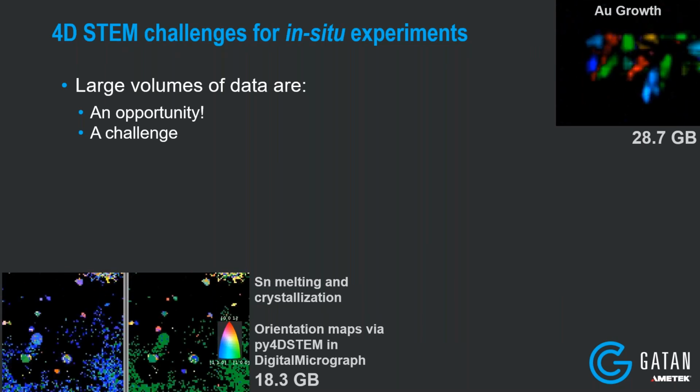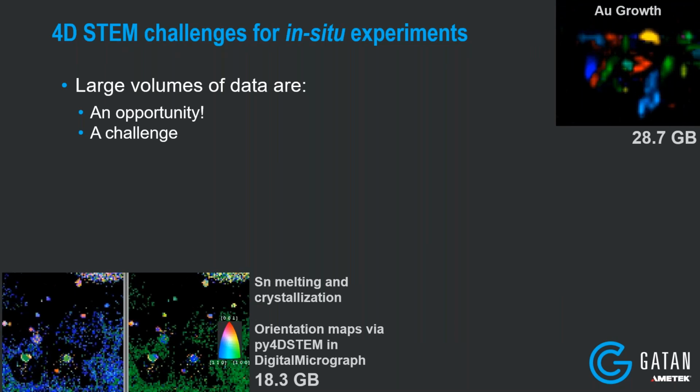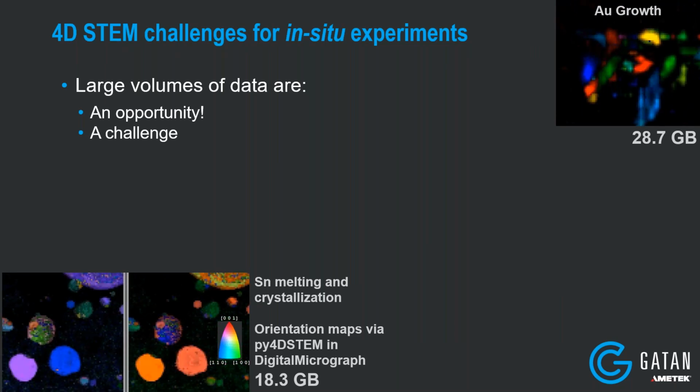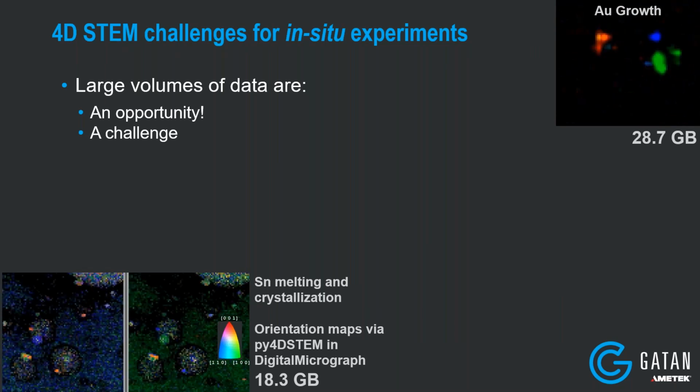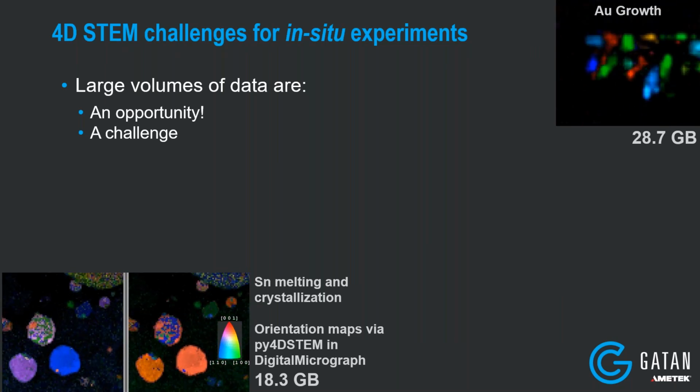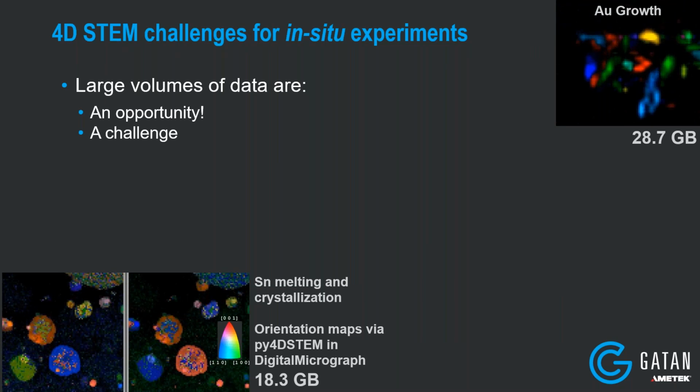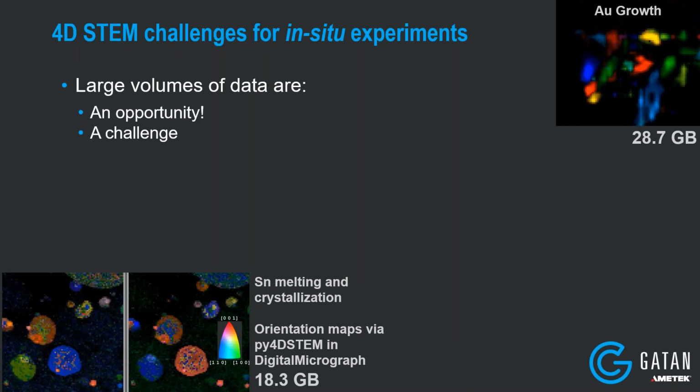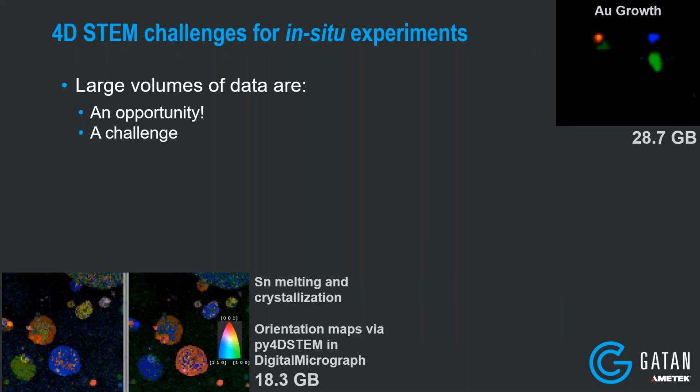But it's very easy to produce in situ 4D STEM data sets that are hundreds of gigabytes. And so these large volumes of data can become a challenge. Of course, these large volumes of data are also an opportunity, right?